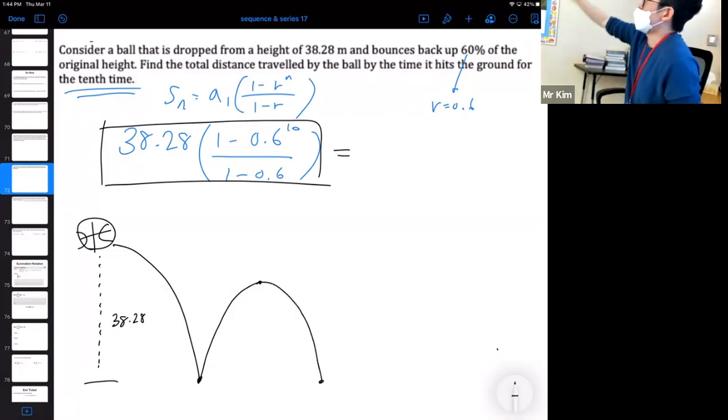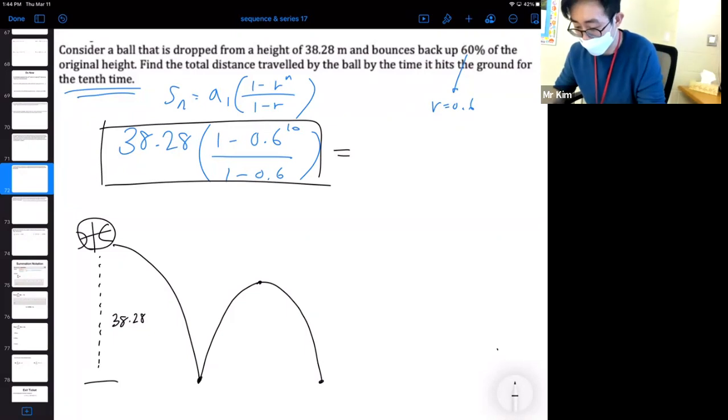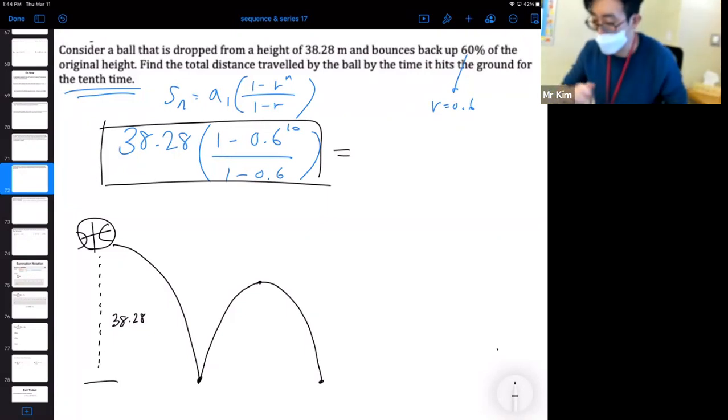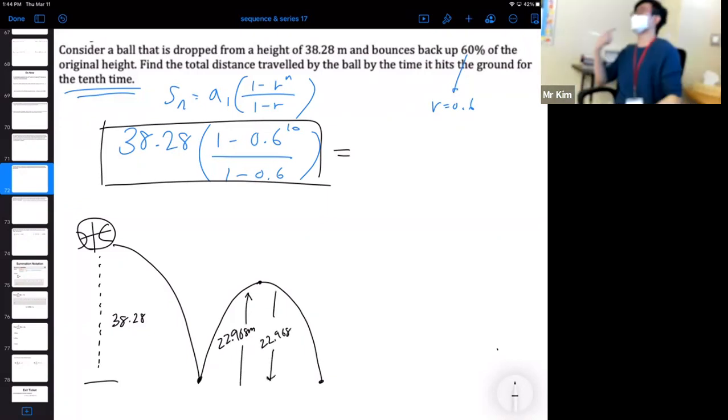So if you count the height for this second bounce that it's going to make on this second hill, I'm going to type in, just for the sake of actually getting you the number, 38.28 times 0.6. This second distance is 22.968 meters going upwards and then going downwards as well. So you actually have to count that distance twice that the ball is traveling.